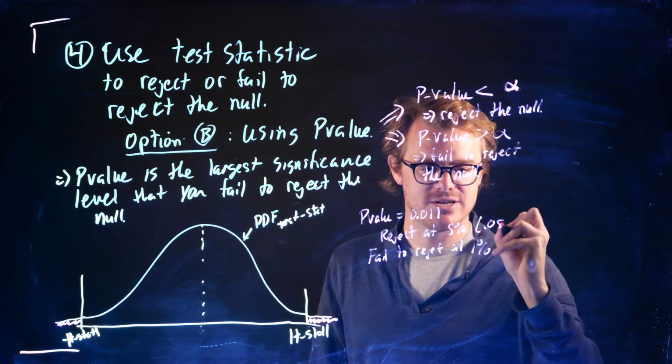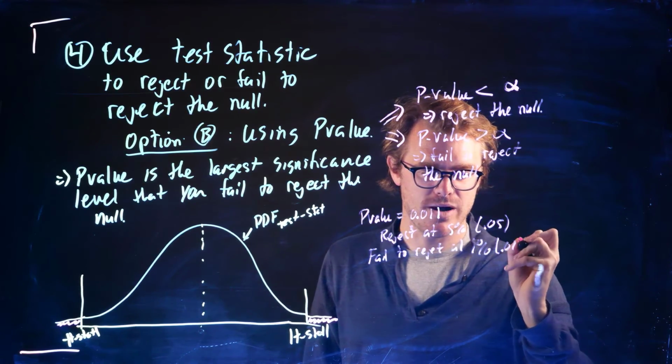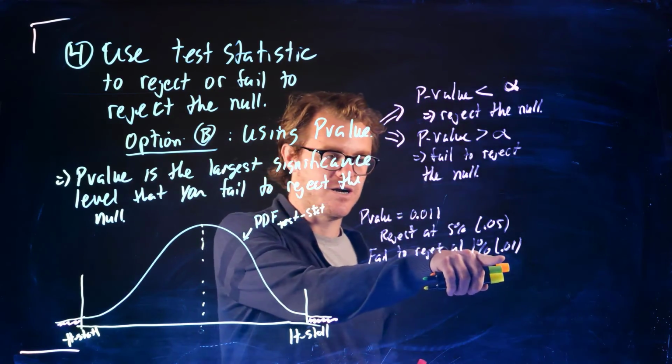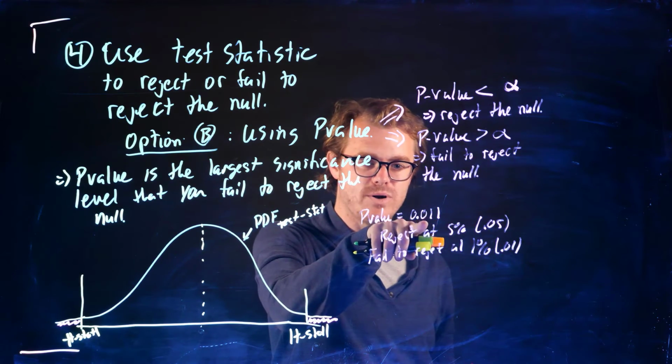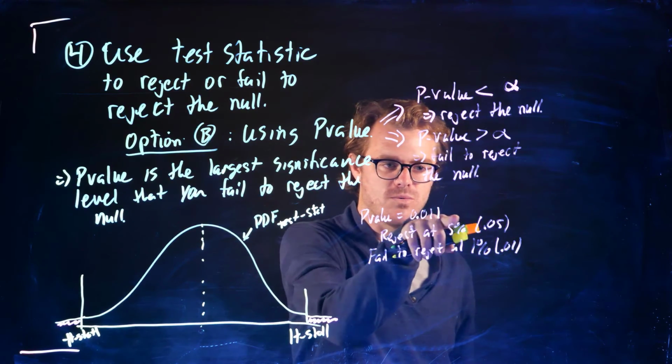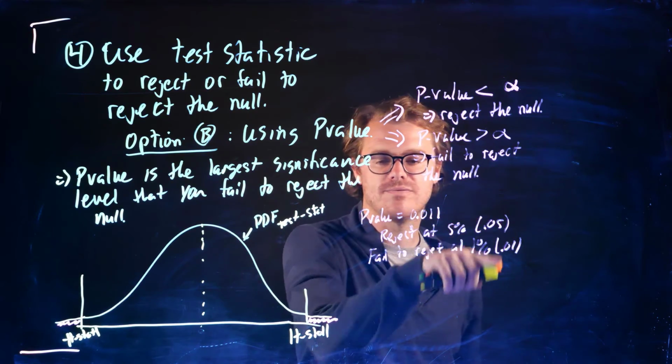Right, that would be 0.05, 0.01. So here, 0.01 is less than 0.011, but 0.011 is less than 0.05.